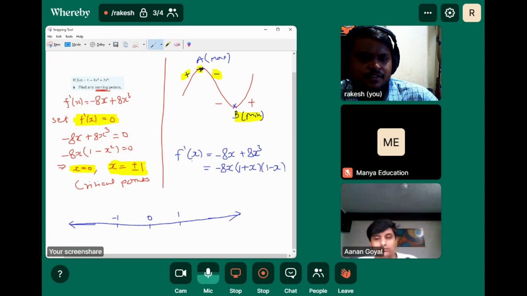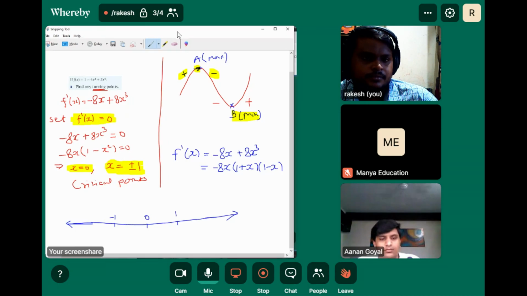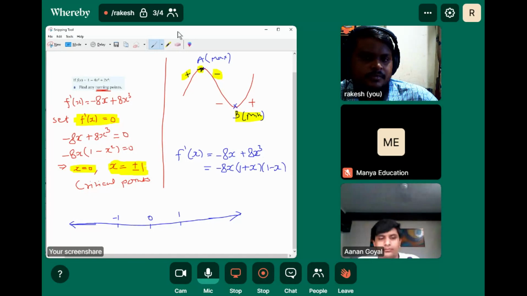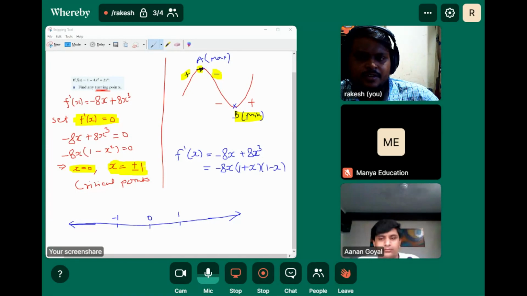Okay, so if you take a point greater than 1, what would be the sign of f dash x? Will it be positive or negative? If you take a point greater than 1, it will be positive, right? Positive, because negative negative becomes positive, right? So positive, this will be negative, then this will be positive, and this will be negative.